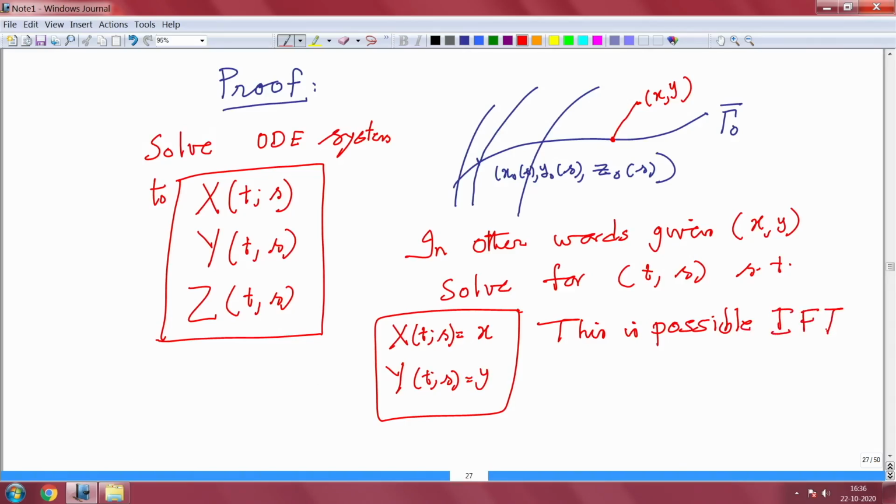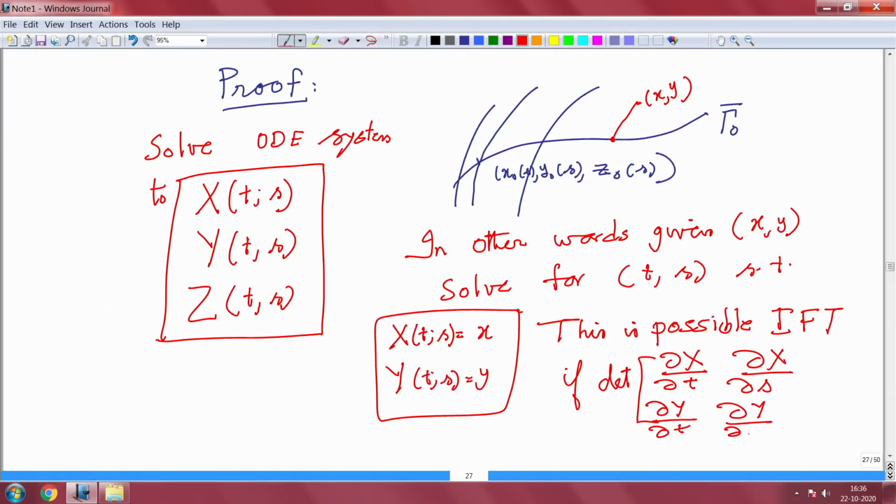By the inverse function theorem, it works if the corresponding determinant, dx by dt, dx by ds, dy by dt, dy by ds, is not equal to 0. This condition that the determinant is not equal to 0 is precisely your transversality.